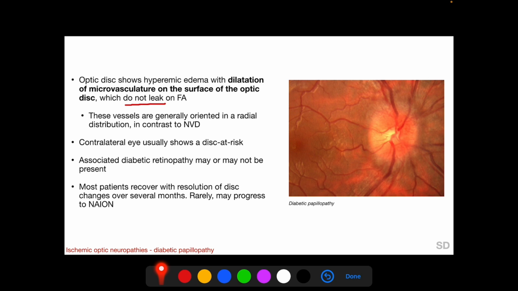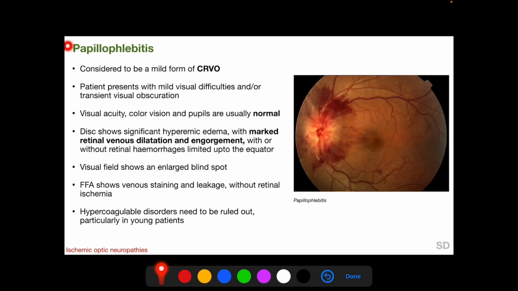The contralateral eye usually shows a disc at risk, and associated diabetic retinopathy may or may not be present. Most patients recover with resolution of disc changes over several months. Rarely, diabetic papillopathy may progress to full-blown non-arteritic AION.